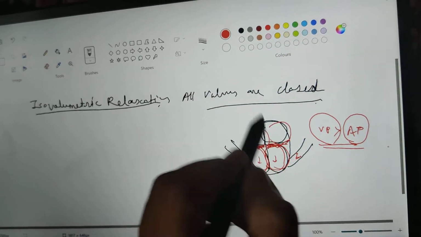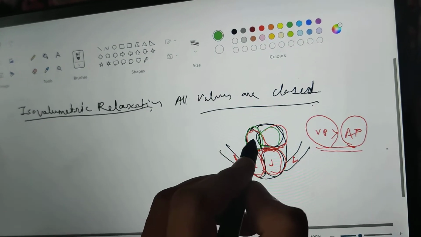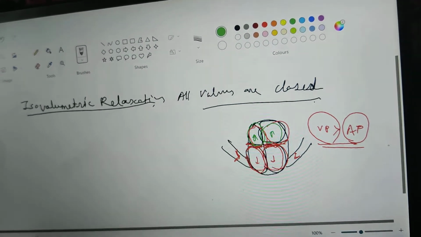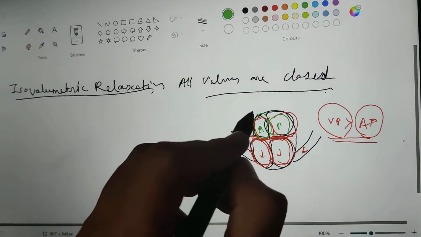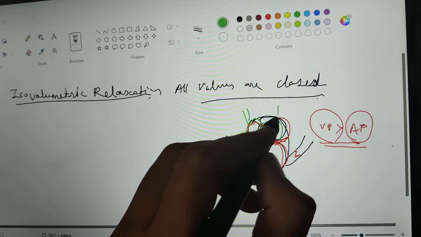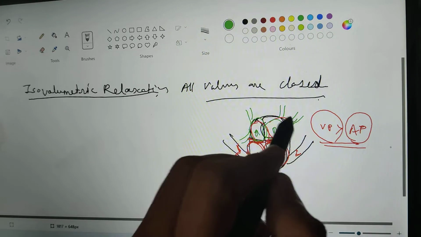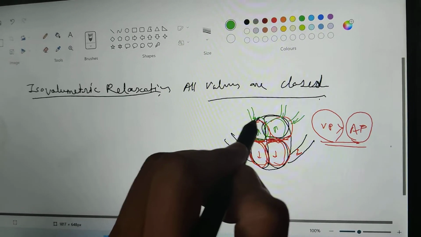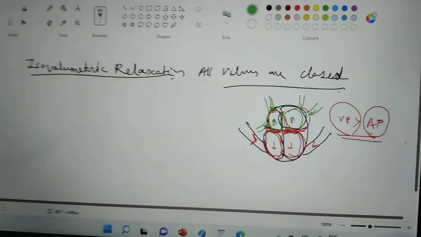The atrial pressure continues to rise because of venous return, and here also the blood coming in from the pulmonary veins, and here from the superior and inferior vena cava.